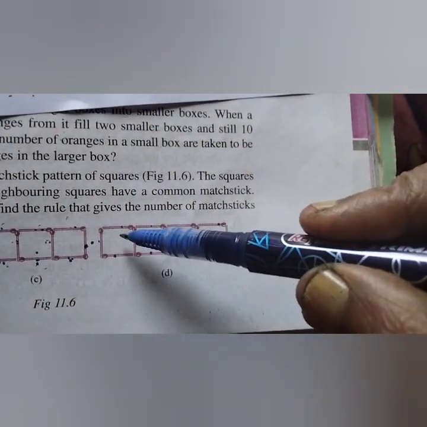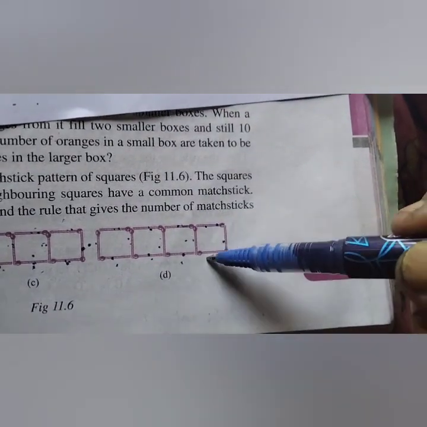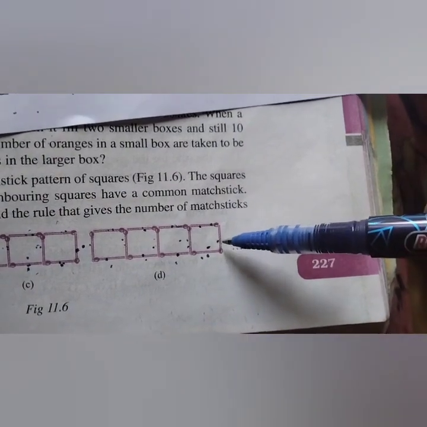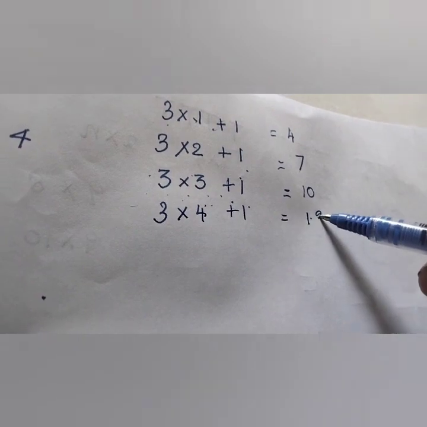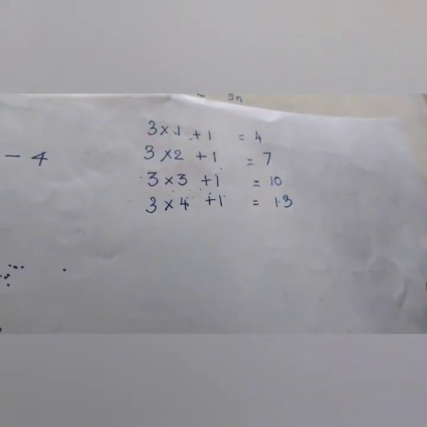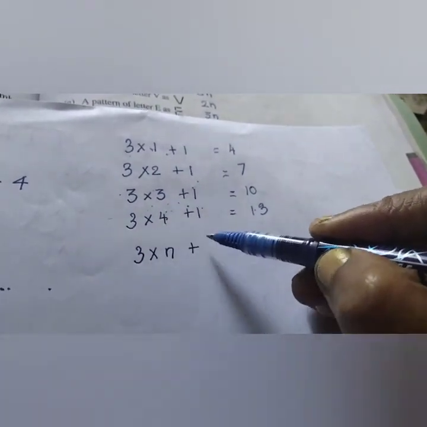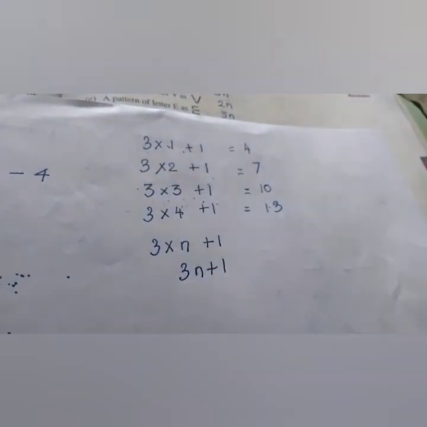Same way, 1, 2, 3, 1, 2, 3, 1, 2, 3, 1, 2, 3. So 3 fours are 12 plus 1. It is 13. So what can be the rule for n number of boxes? It is 3 into n plus 1. It is 3n plus 1.